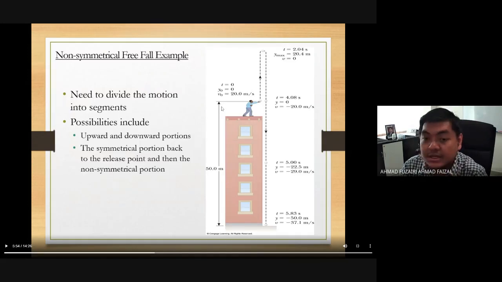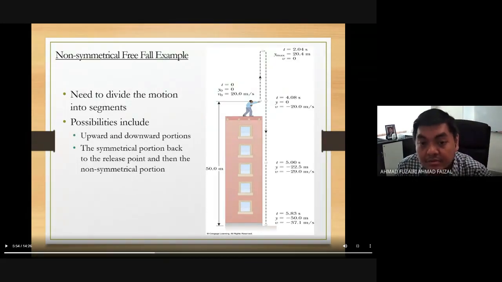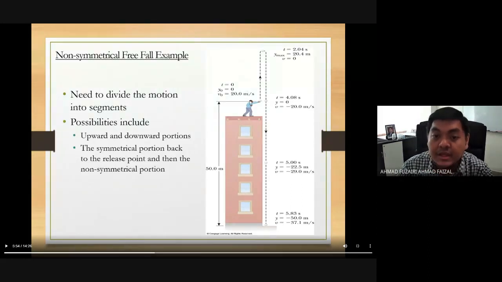We should first set this height as the main reference point, where y naught equals 0. As the madam said, when it goes above the y naught, it should be positive, and when it goes below the y naught, it should be negative. The ball leaves this man's hand at 20 meters per second, so that should be the v naught.